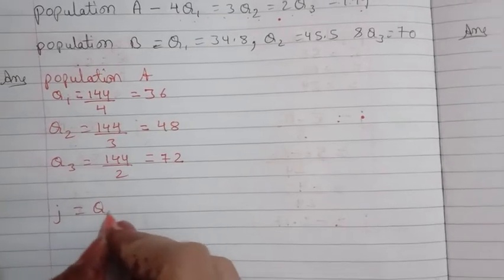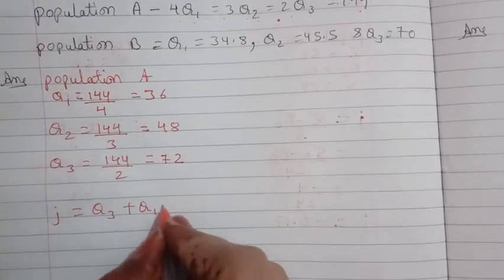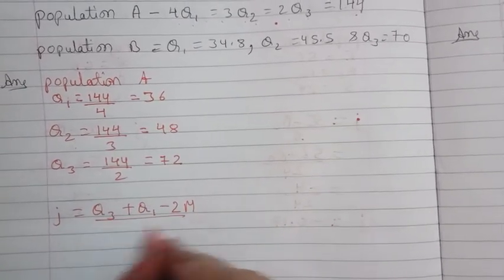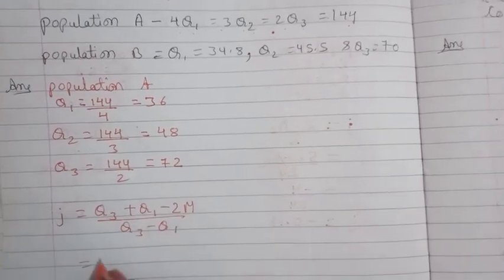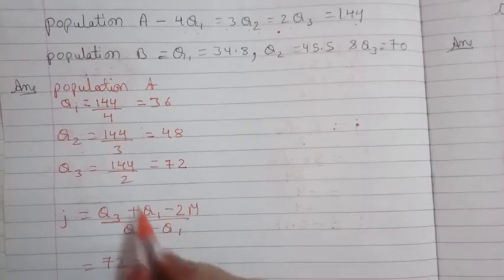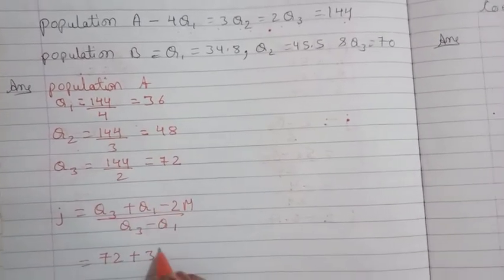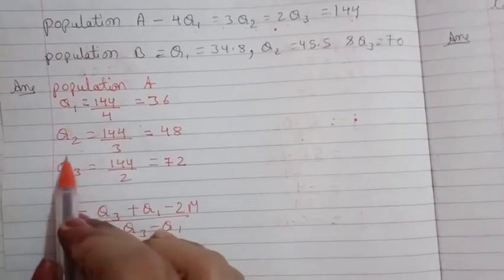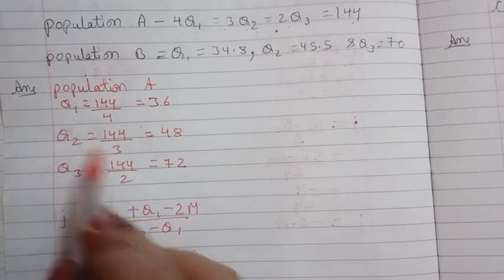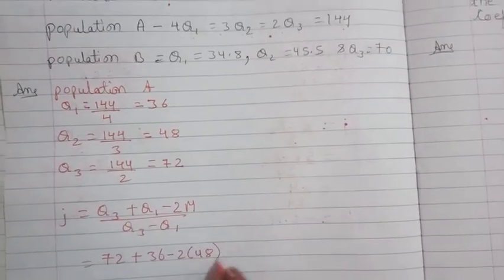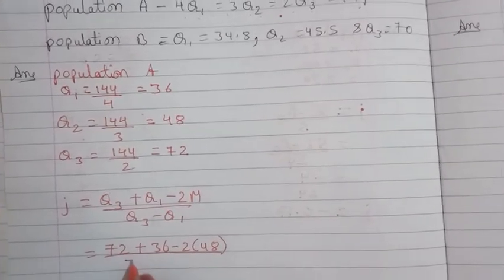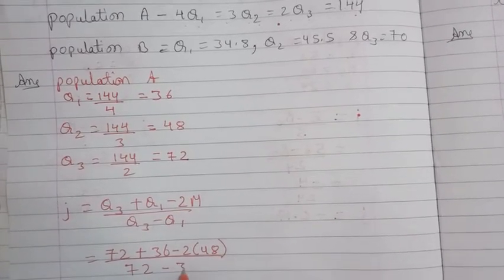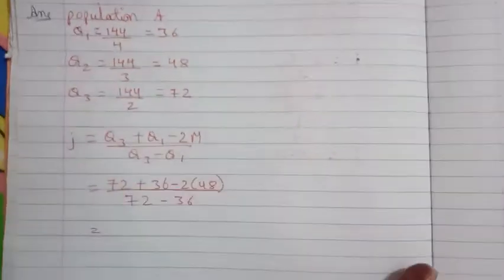Now all the quartiles value we have, so we will find out J. J is equal to Q3 plus Q1 minus 2M upon Q3 minus Q1. Q3 value is 72 plus Q1 is 36 minus 2M. M means second quartile, that is Q2, so that is 48 upon Q3 minus Q1. So Q3 is 72 minus Q1 is 36.